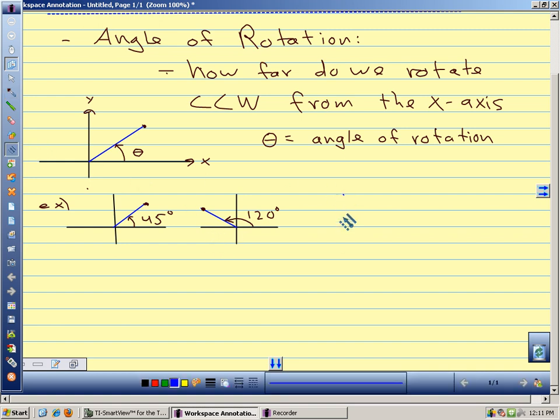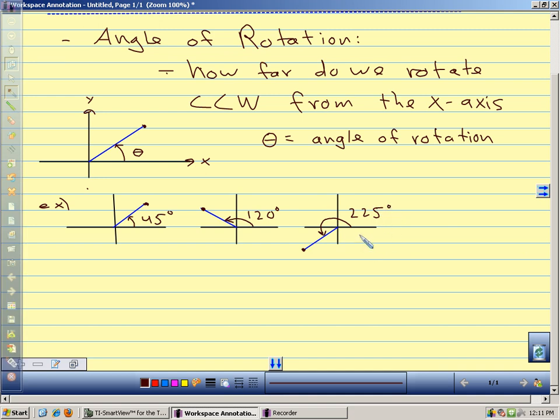So if we draw our picture here, and our angle is down here, and we've rotated all the way around from here, this angle of rotation we could say is 225 degrees, so more than 180.